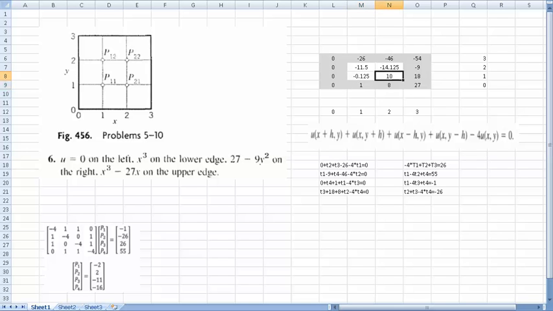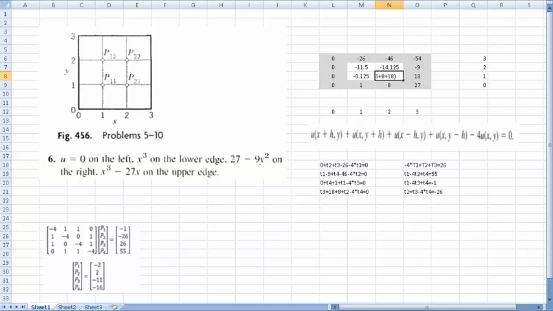And then this one, and you see that when I calculate this one, I'm going to be using calculated values in the neighborhood. It's the average of its north, south, east, and west neighbor. And so this one is going to be equal to minus 14.125, and then minus 0.125 to the left, plus 8 below, plus 18 to the left.